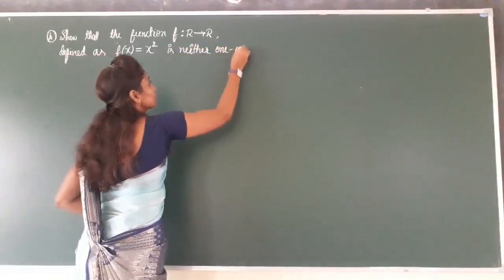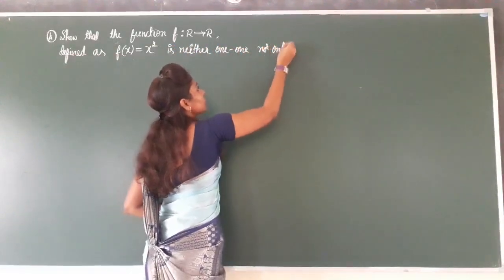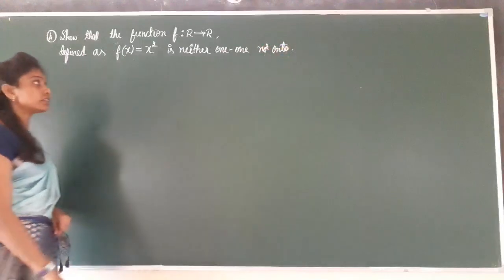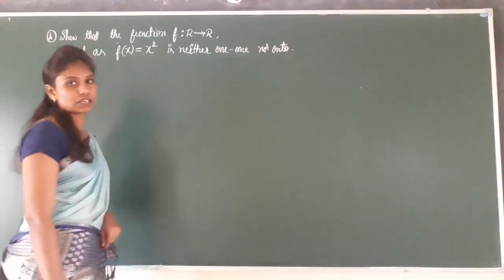We have to show that the given function is neither a 1-1 function nor an onto function.